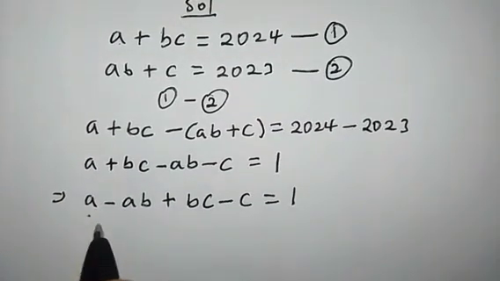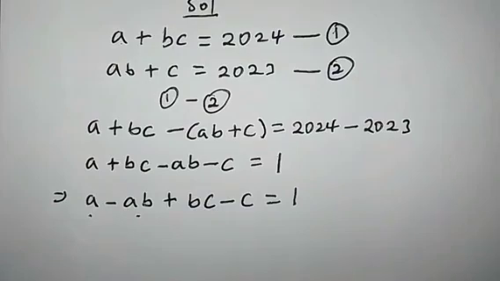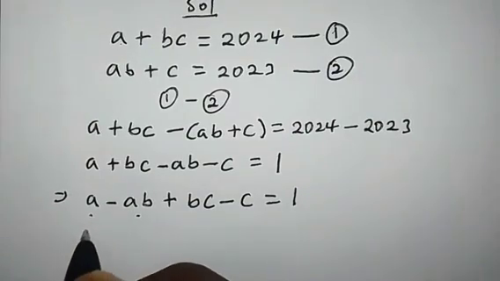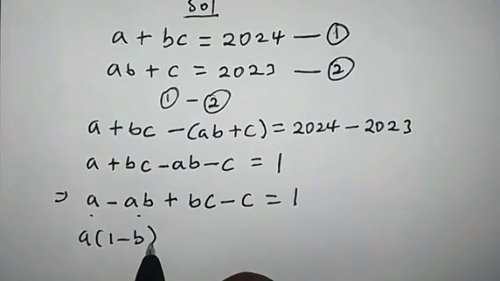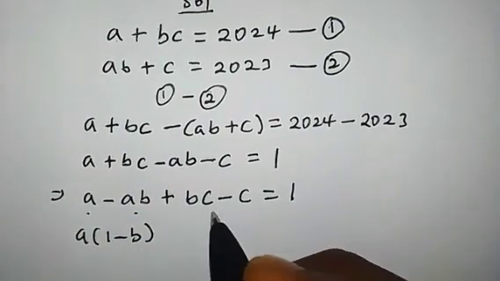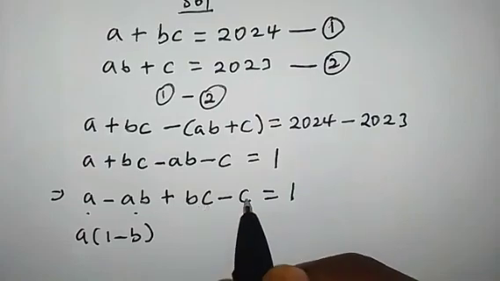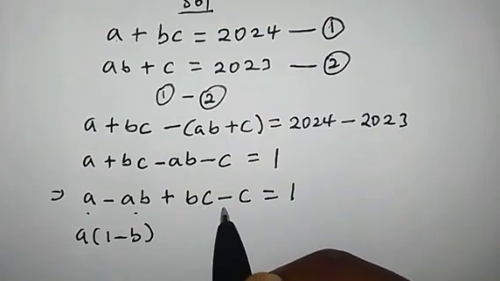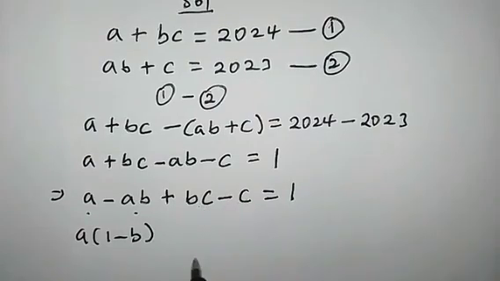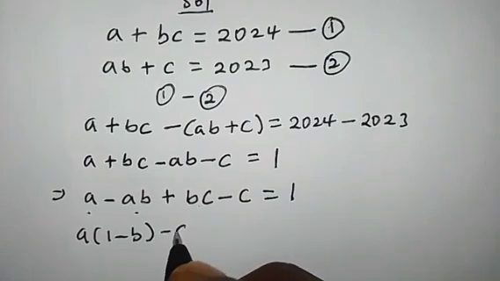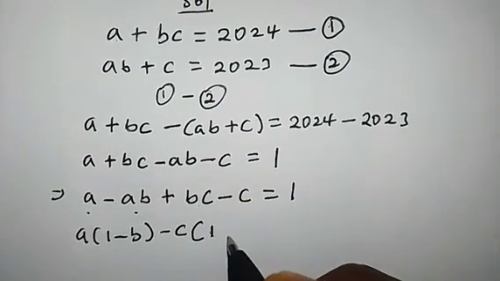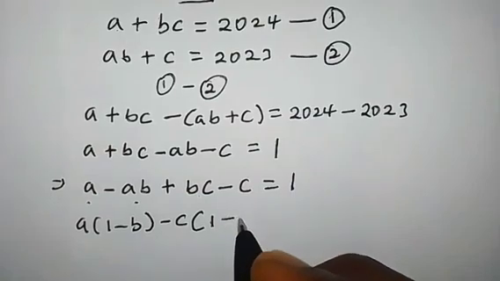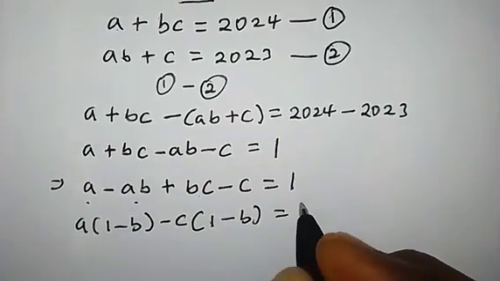From these two guys, you will see that we can factor out A. So doing that, we have A into 1 minus B. Now let us consider these two guys. Let's factor out minus C. So that will be minus C into 1 minus B equal to 1.